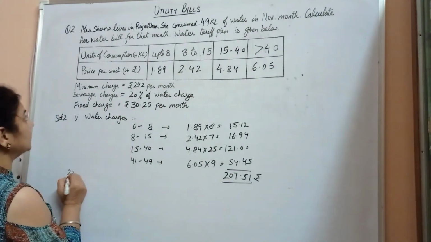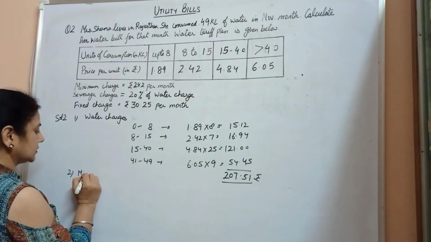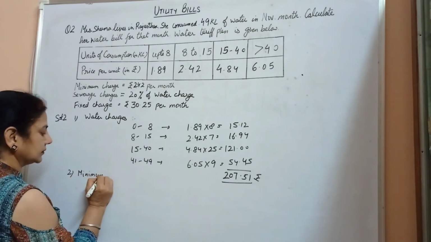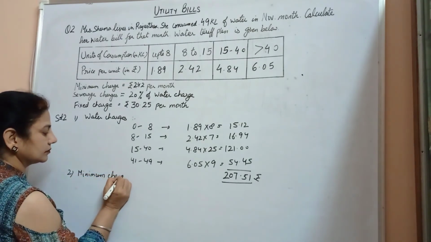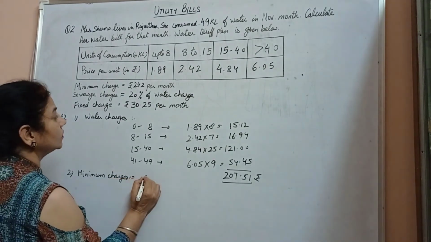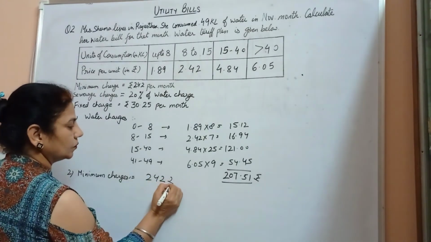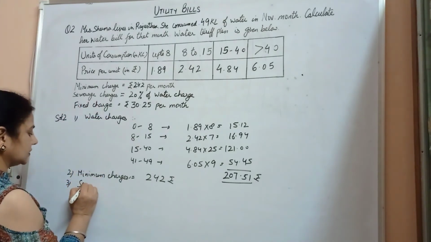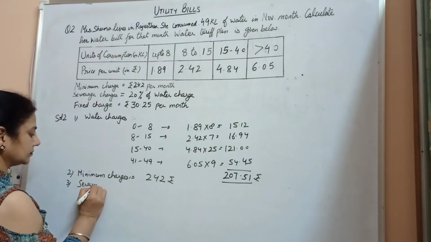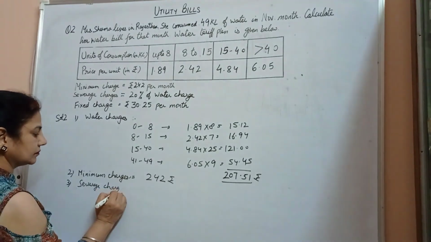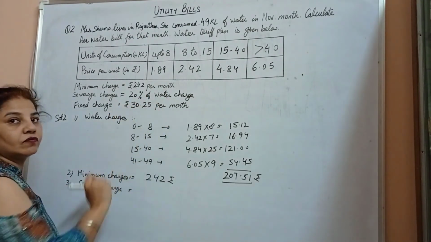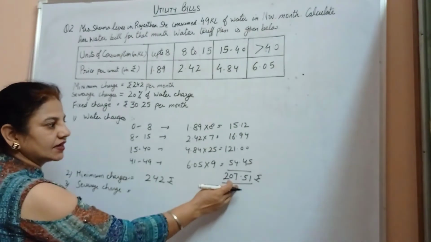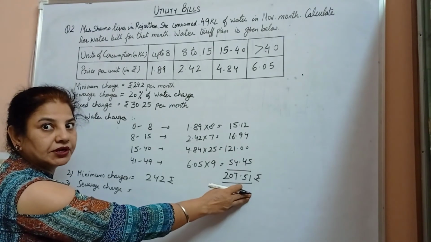Second is the minimum charges, which are taken as they are, that means 242 rupees. Third step is sewerage charges. This is 20% of the water charge. The water charge is 207 rupees 51 paisa. We calculate 20% of it.